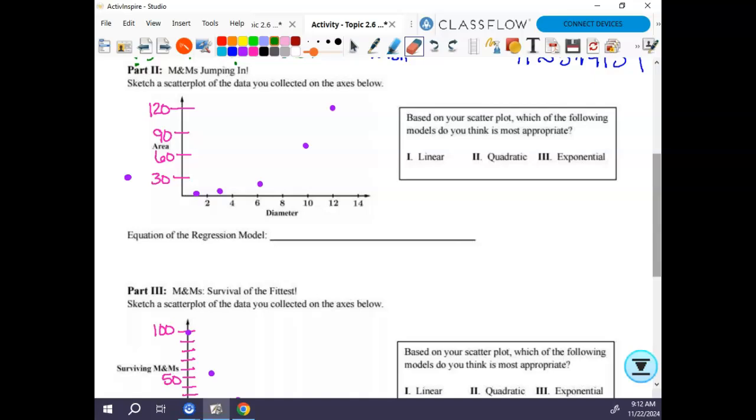Here's how we know specifically. Actually, let me write down, does everybody now have their regression? Let me write down what mine is, and then we'll talk about that a little bit more. So I got y equals 1.007 x squared. I don't know why I'm writing so many decimal places.